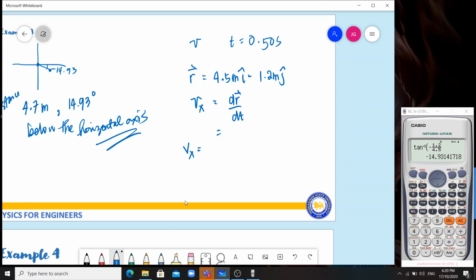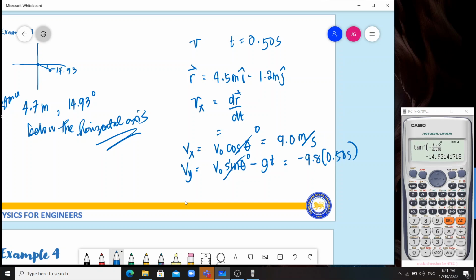Vx is equivalent to V0 cosine theta, 'di ba? And Vy is V0 sine theta minus gt. Okay? So, ito, dahil constant naman to, ito yung 9.0 meter per second. Tama ba? Kasi ang theta natin dito is 0. Yan yung initial velocity natin. Wala tayong y component ng initial velocity. Ang meron lang tayo negative gt, is negative 9.8 times 0.50 seconds. Okay?